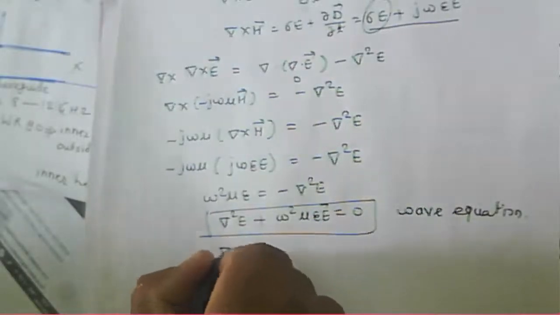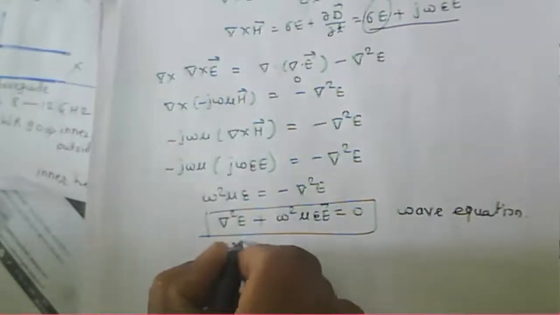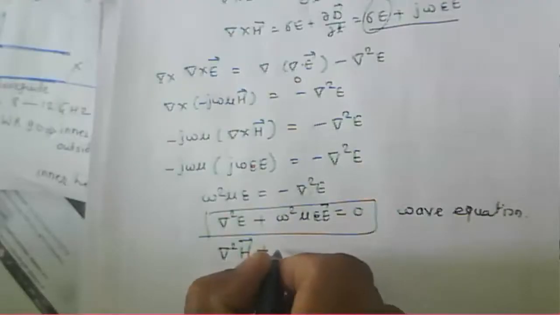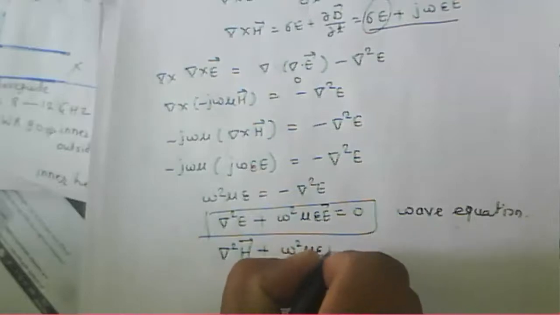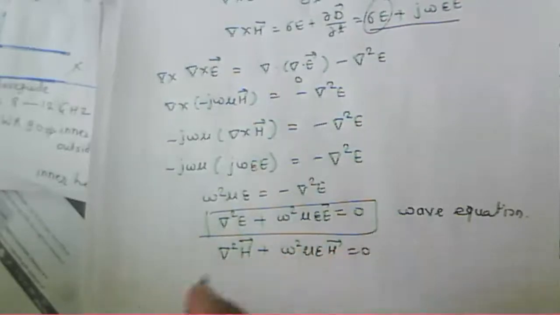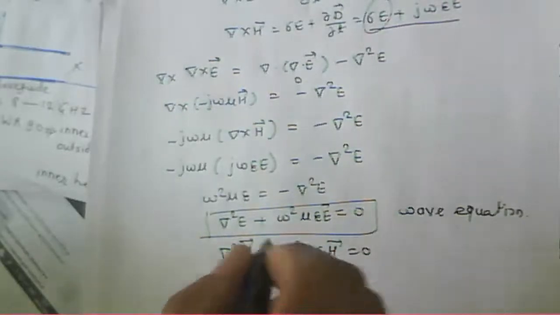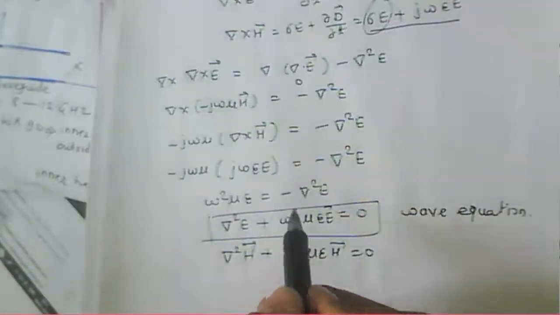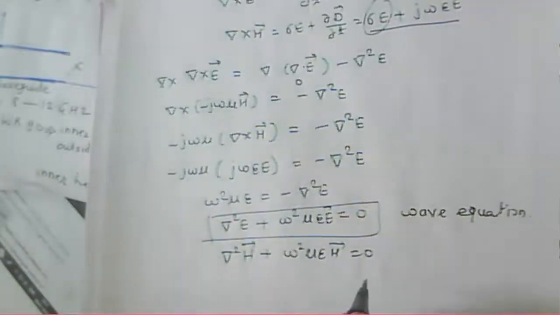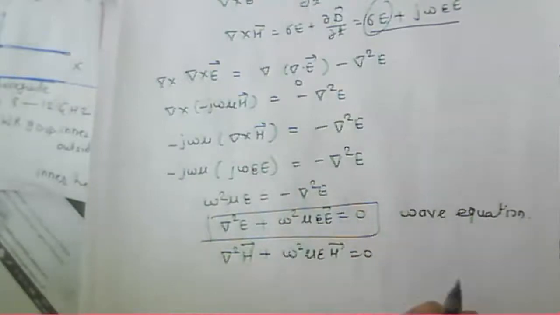Writing the same in terms of the magnetic field: del square H plus omega square mu epsilon H is equal to 0. This is the wave equation in terms of the electric field, and this one is the wave equation in terms of the magnetic field.